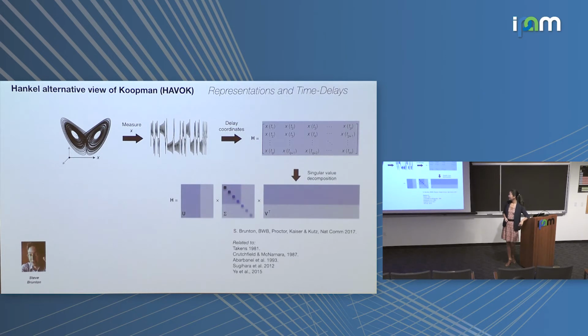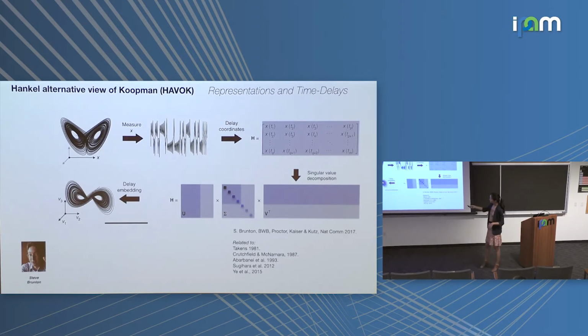Next, we're going to take the SVD, which is our best friend. And what that gets you is a representation of the same dynamics in time delay coordinates. And this idea has been around for a very long time, going back to the 80s with Takens embedding. So that part's not new.